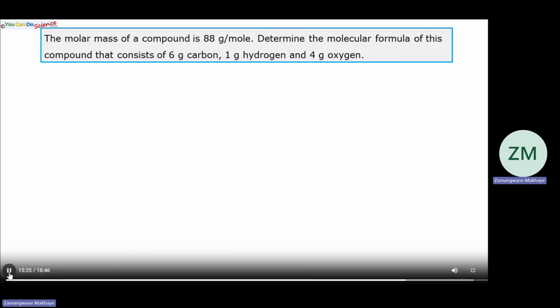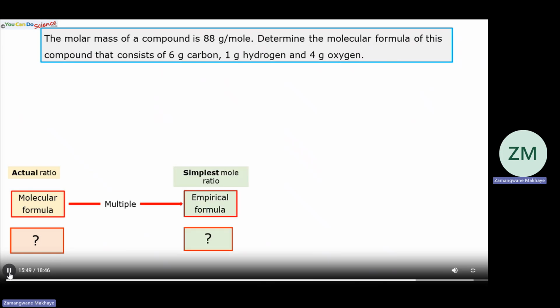The molar mass of a compound is 88 gram per mole. Determine the molecular formula of this compound that consists of 6 gram carbon, 1 gram hydrogen, and 4 gram oxygen. The molecular formula indicates the actual ratio between the elements in a compound and is a multiple of the empirical formula.